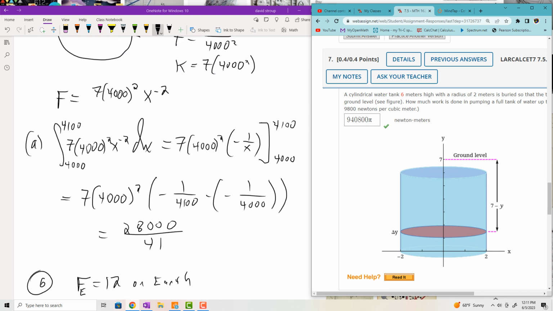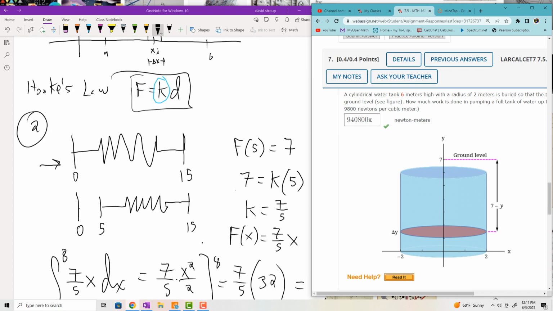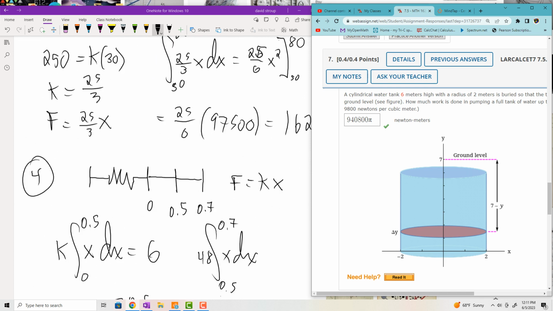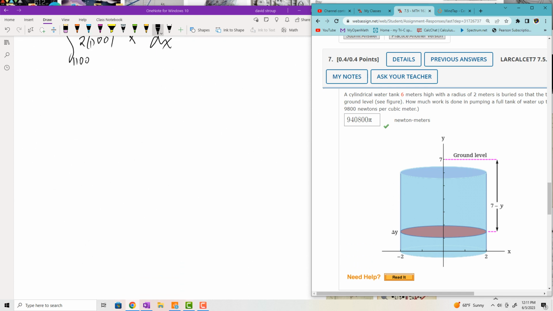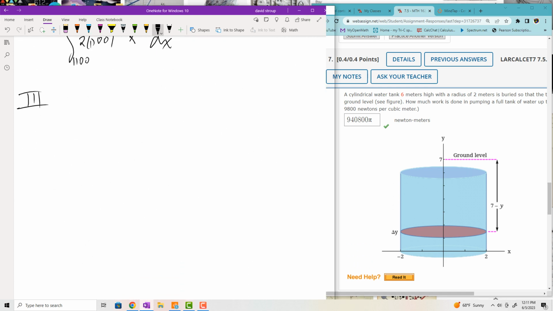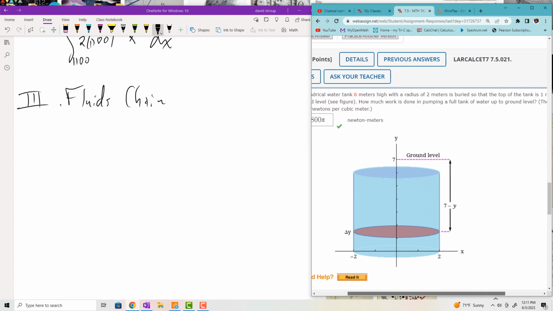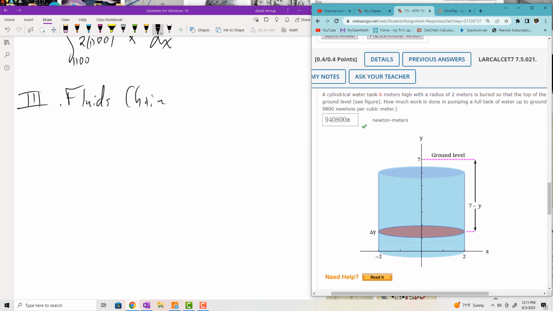So let's just call them fluid and chain problems. And we want to figure out the work done in moving a bunch of liquid out of maybe a fuel truck or a cylinder of some sort.